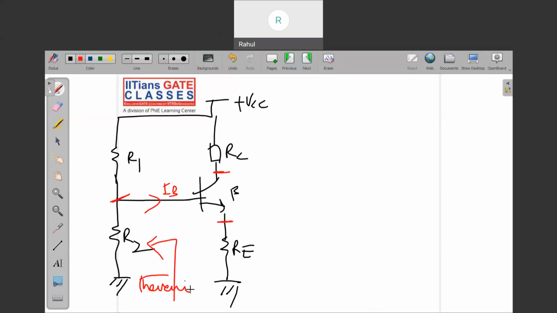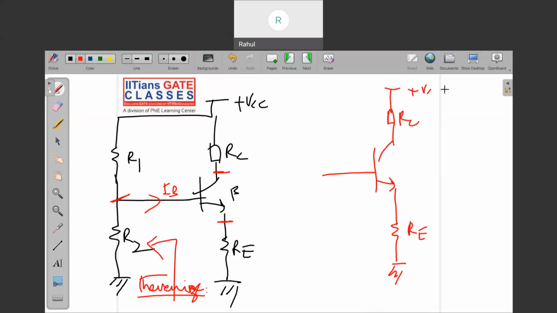We will make the transistor as it is, with RE, and a load RC and plus VCC. Now we have to calculate RTH and VTH, because you can see from here. If you are seeing from here, forget about this, just open it.